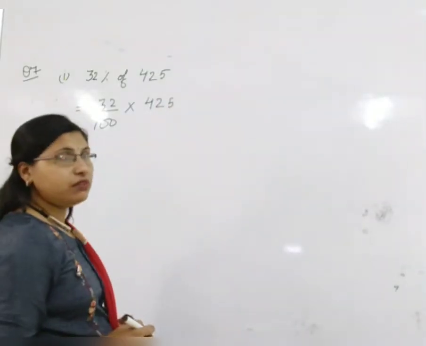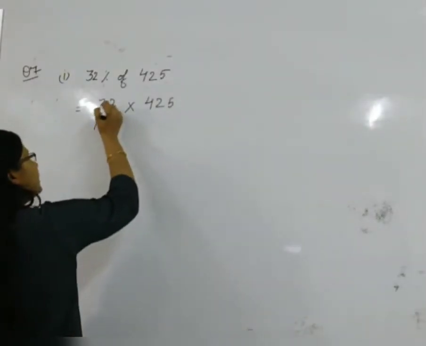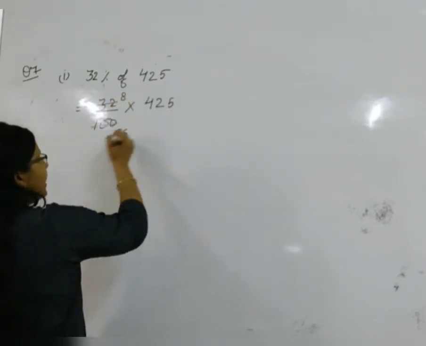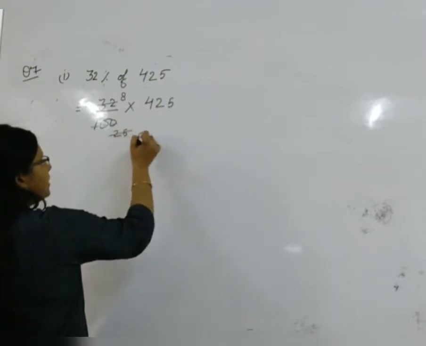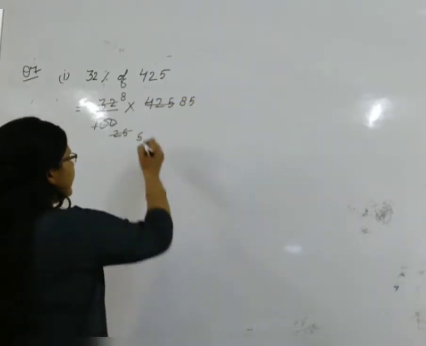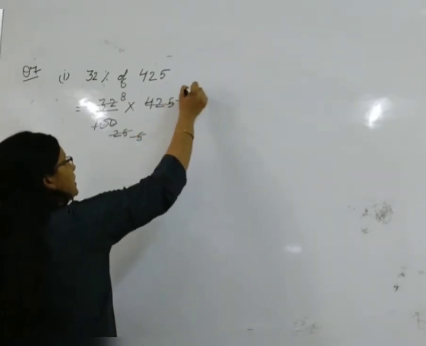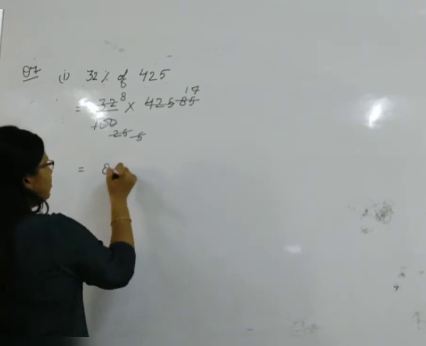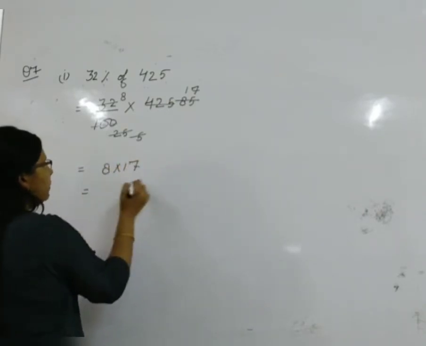Now we can do the calculations. So they will be cancelled by the table of 4, and here these two will be cancelled out by the table of 5, and then again they can be cancelled out by the table of 5. So the answer is 8 into 17. How much will it be?